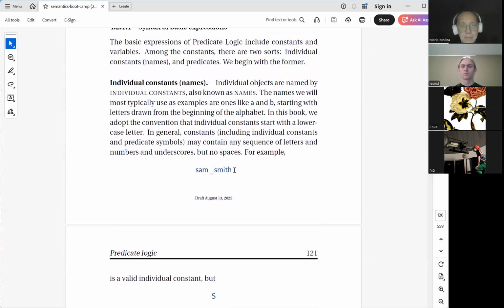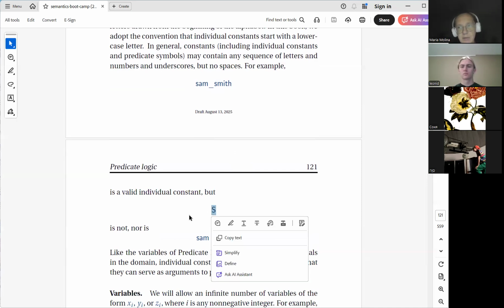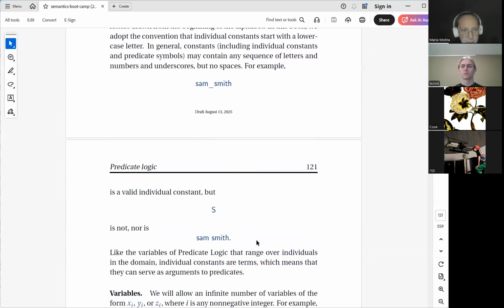But normally, if we have a long name, Saint Smith, which is written without spaces, which is important, no spaces in a constant, normally people take the first symbol of this name, write it with a big letter, and this is it.